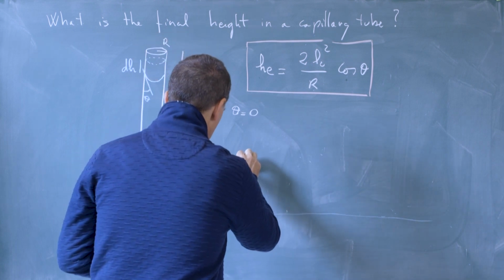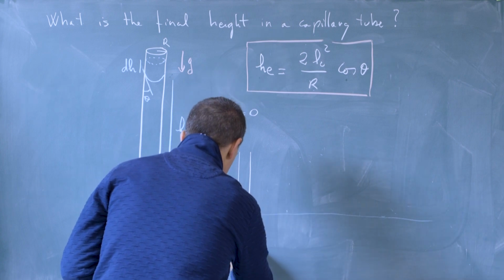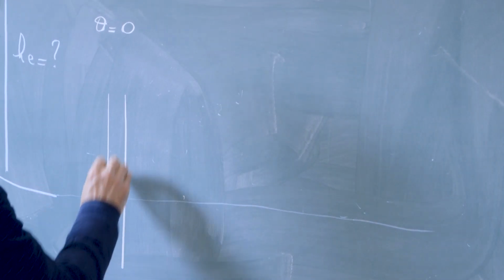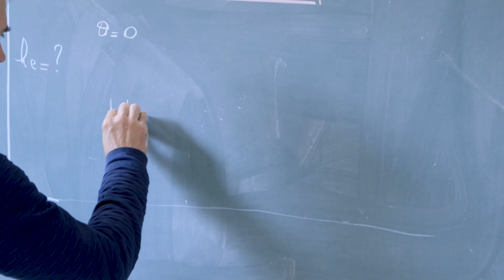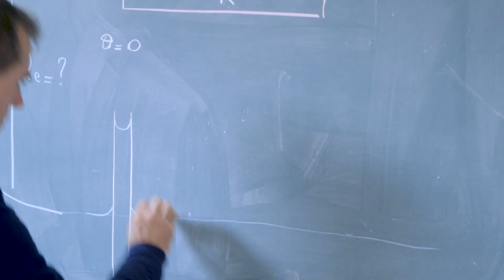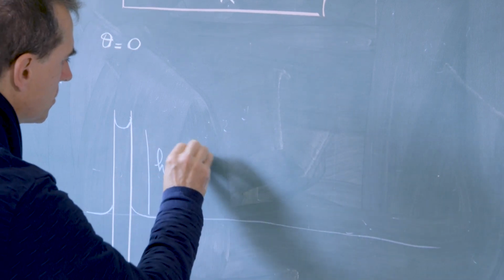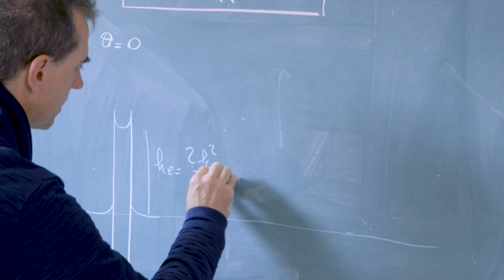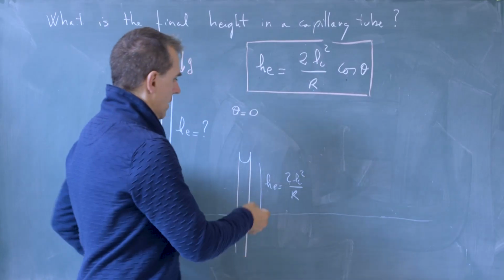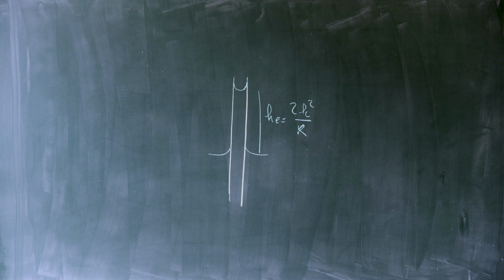In this case, when we contact the tube with the liquid, we will observe this type of situation where the final height, HE, will be twice the capillary length squared divided by R. This formula tells us that the smaller the radius, the larger the height, which is what the experiment has shown.